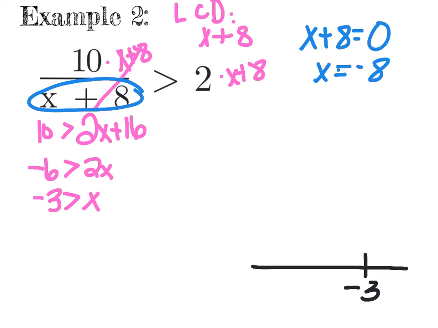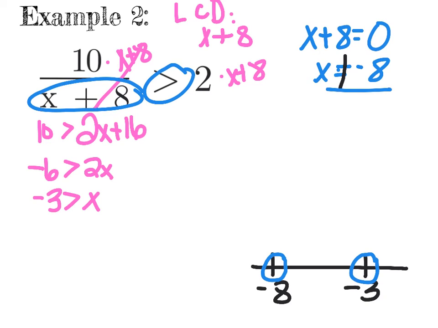Okay, so negative 8 is going to go down here on our number line. So we know that for this inequality to be true, x cannot equal negative 8, because that negative 8 makes our inequality undefined. So we need to start testing some values. And also remember that since we have a greater than sign, we're going to have an open dot at negative 3. We'll always have an open dot on our restriction.